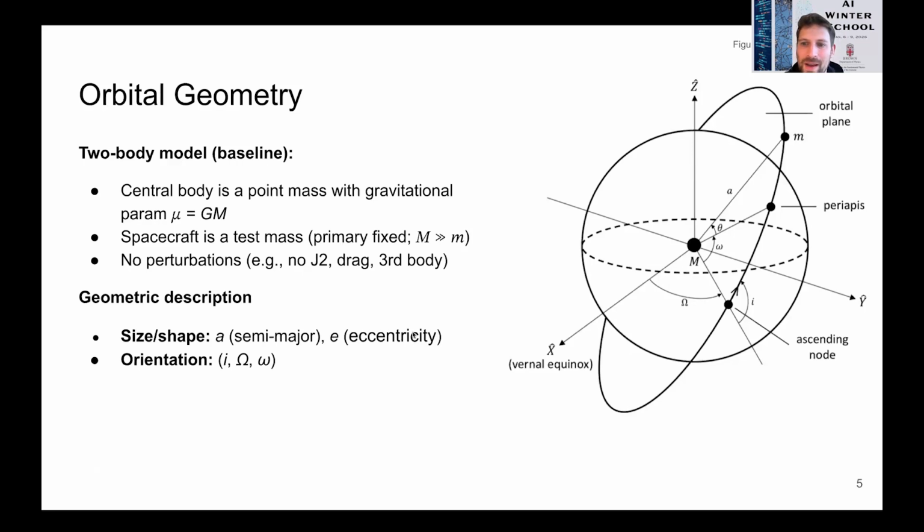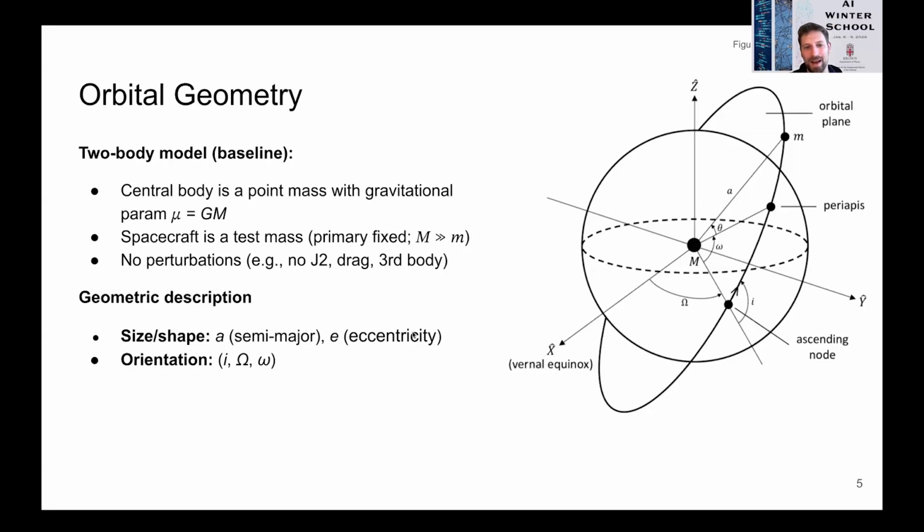And one way you probably recall learning about orbits is based on a geometric description with semi-major axes and eccentricity and different orientation angles. So this is a little bit complicated for our use and not the most useful set of coordinates. So we're not going to use these in detail.